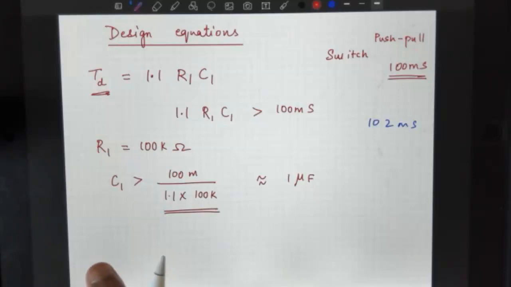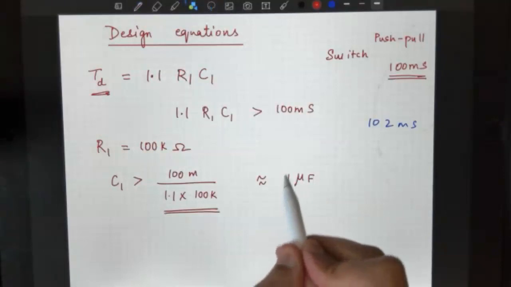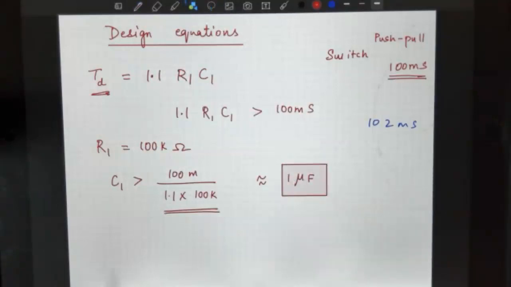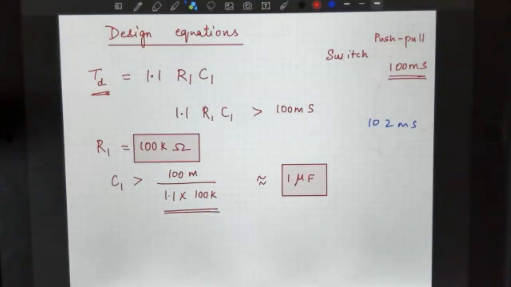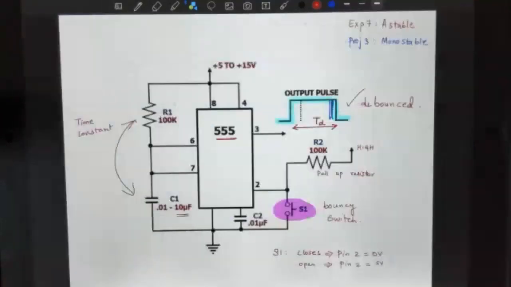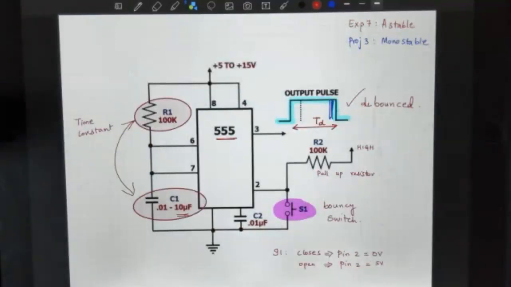So in this diagram, we are going to use two values. For C1 we are going to use 1 microfarad, and for R1 we are going to use a 100 kilo ohm resistor, and those design equations are the reason why those two values are appropriate. So if I go back here, now I know what this is. It's not a range anymore.